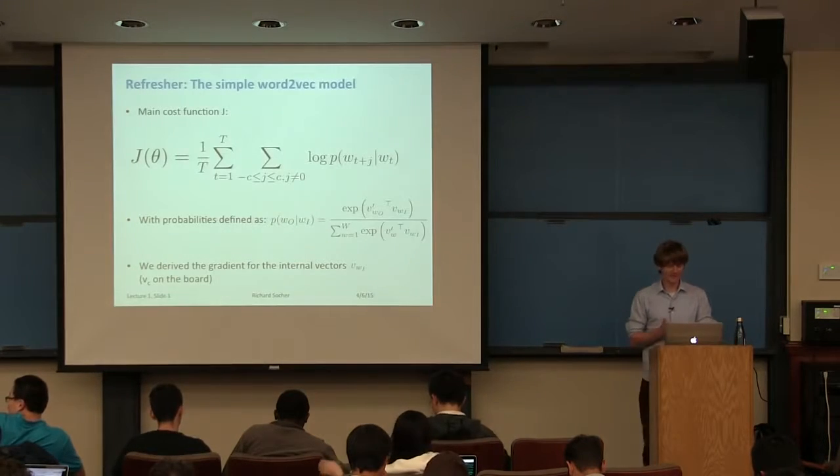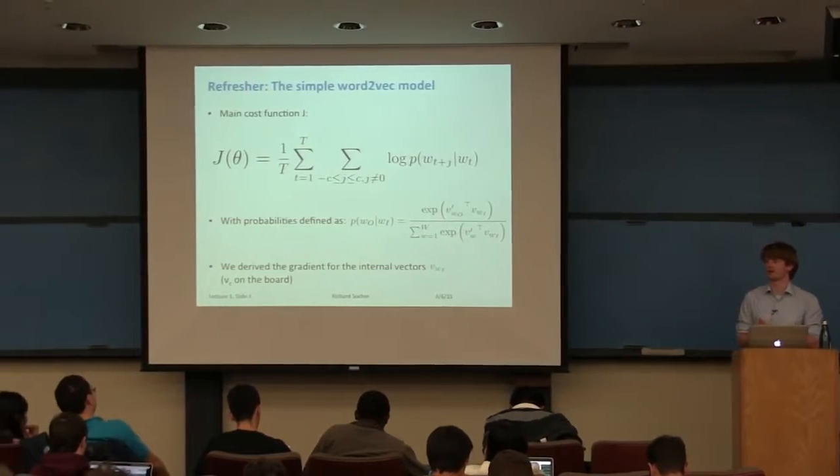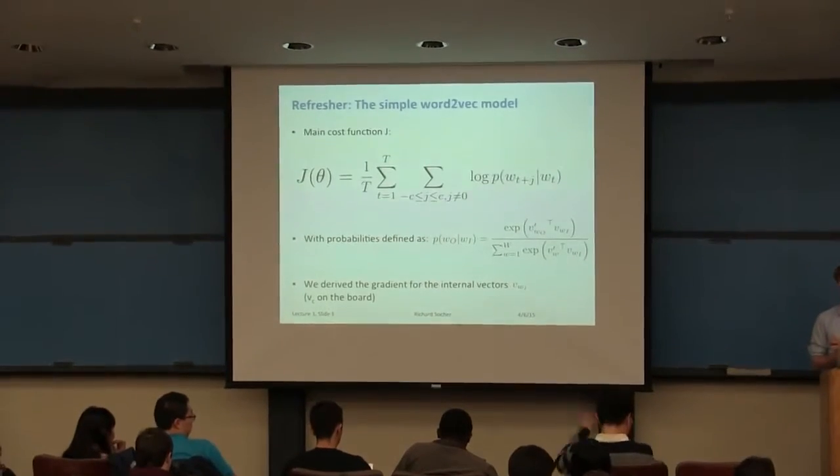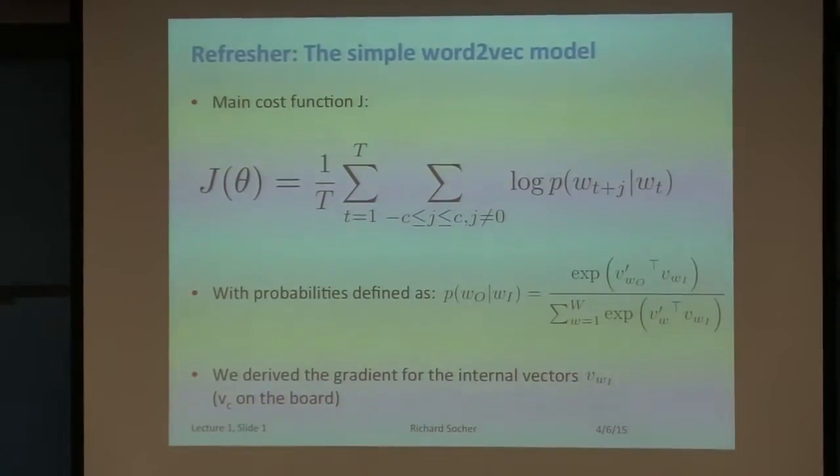All right, so let's start with a refresher on the simplest first model that you will implement and that will be the basis for a lot of other downstream tasks. So we basically covered the word2vec model, in particular the skipgram model. And just to refresh, we had the following equations here.